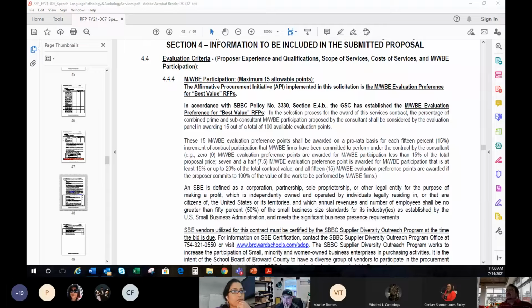So they have a committee that determines what best to use for the type of solicitation that is being offered. So they will research it and come up with a determination of what to use. They determined here the MWBE evaluation preference for best value RFPs.